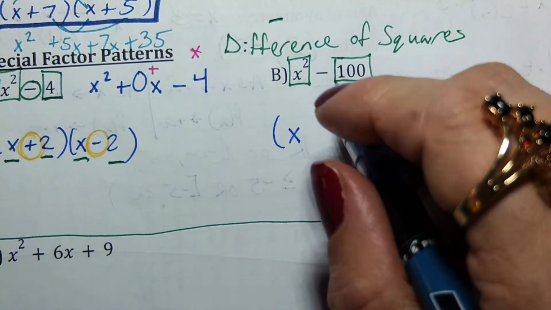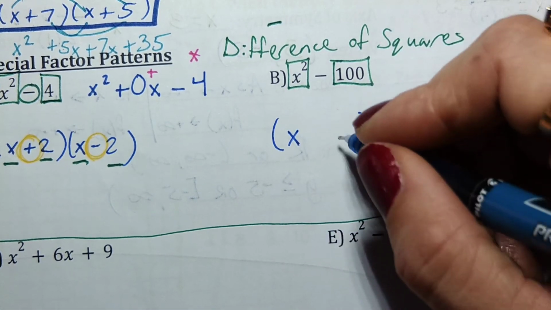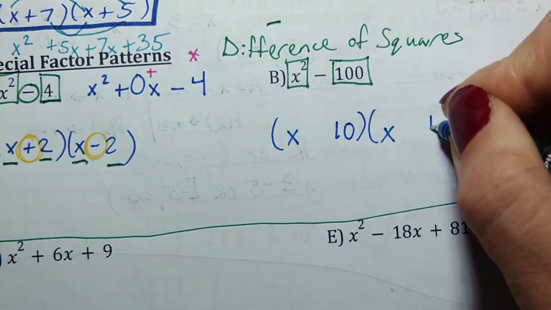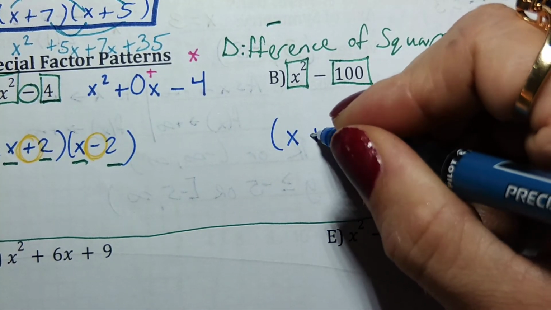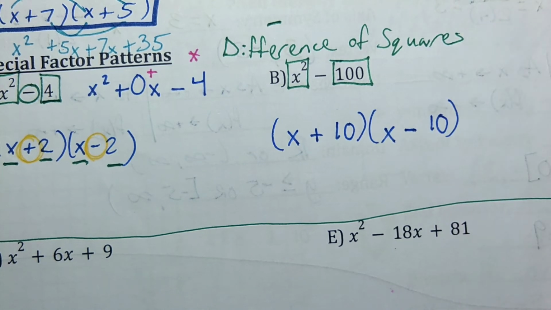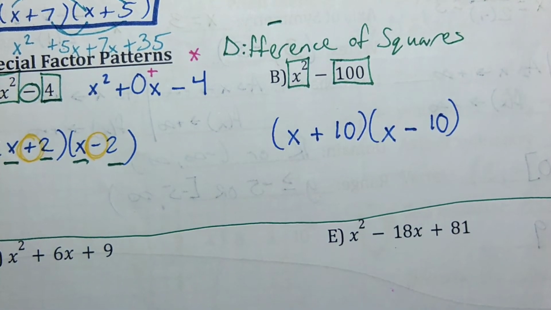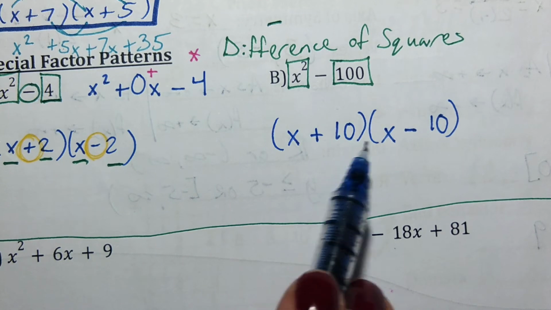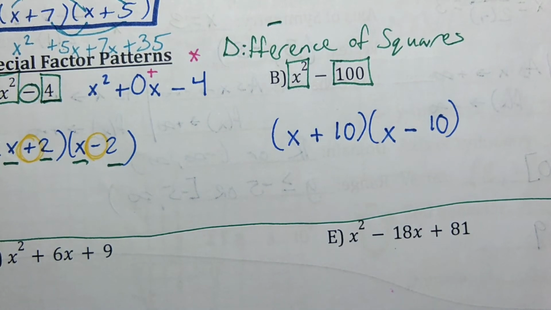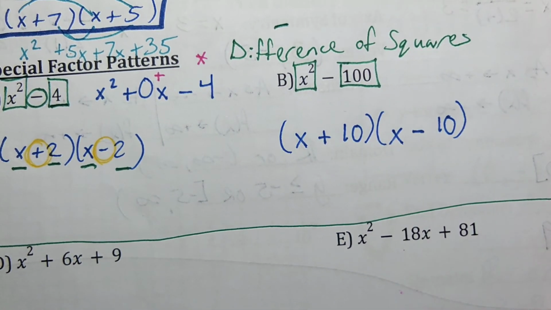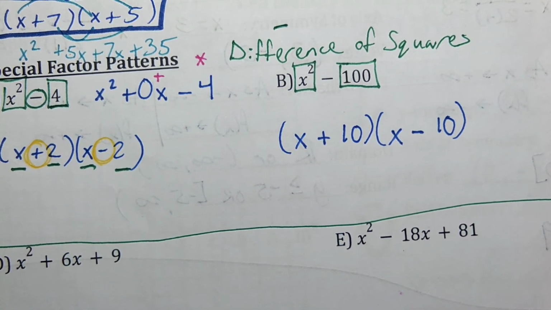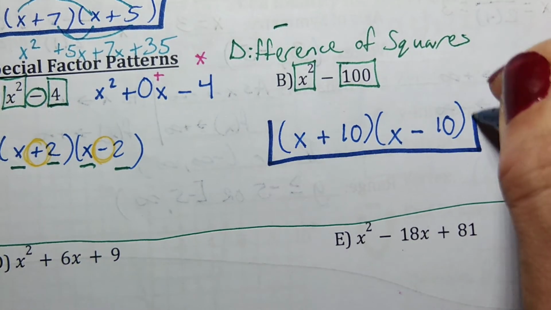My perfect square factors of 100 would be 10 and 10. One gets a plus and one gets a minus. Does that satisfy our expression? 10 times a -10 is a -100, and 10 plus a -10 does give me 0 for that inner term. So folks, that is my factorization.